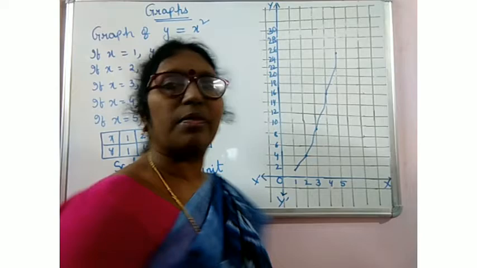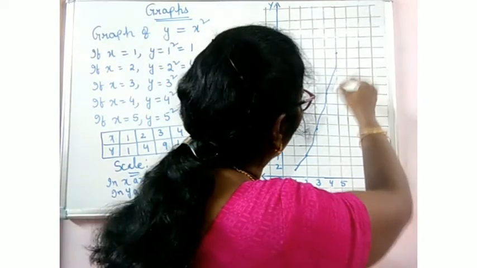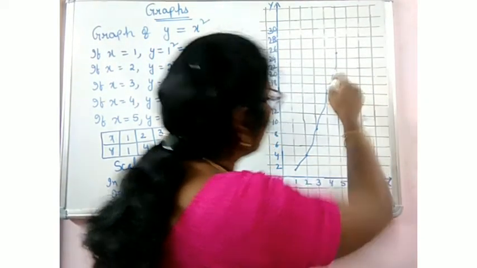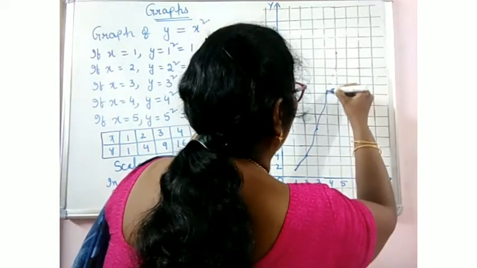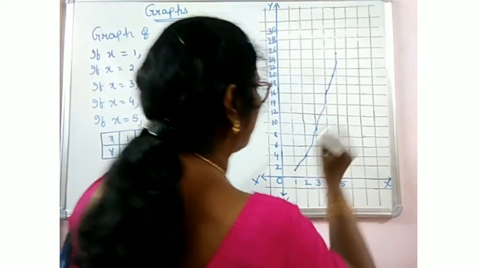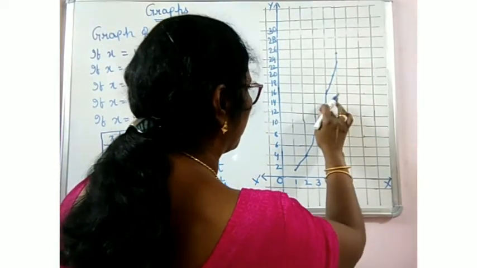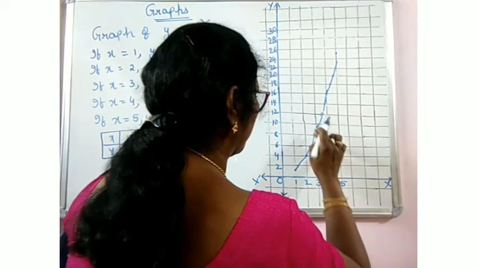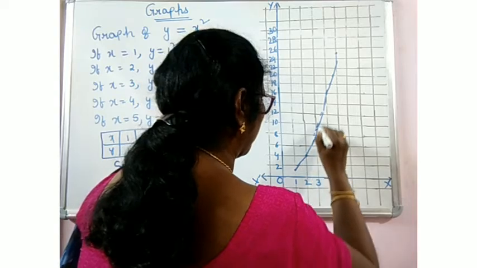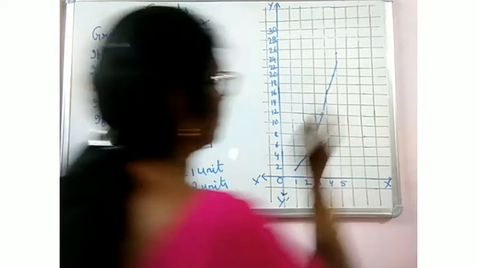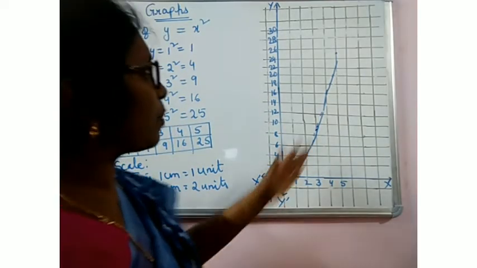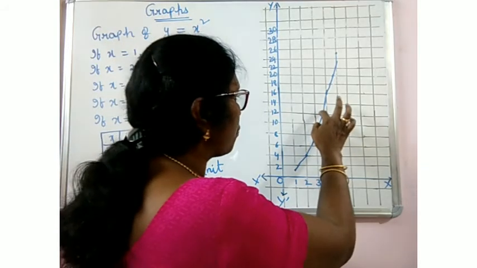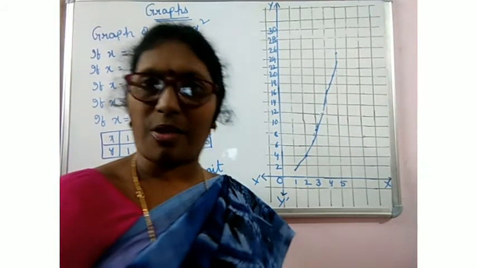We got a curved graph. Maybe I have not done it properly, children. On the board it is a little difficult for me. So when we joined all these points, we got a curved graph.